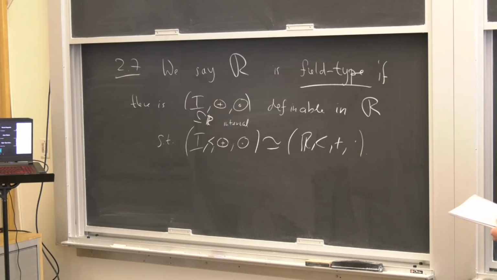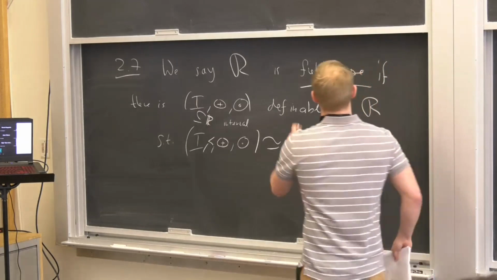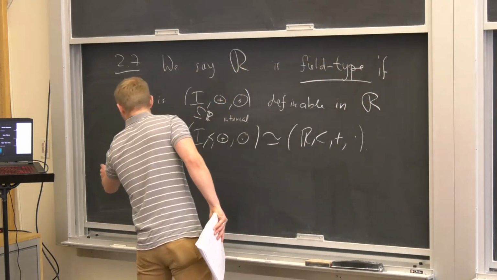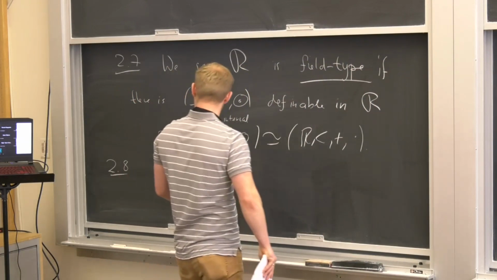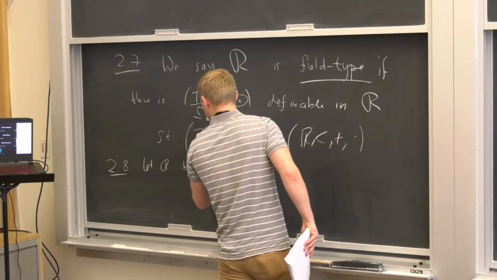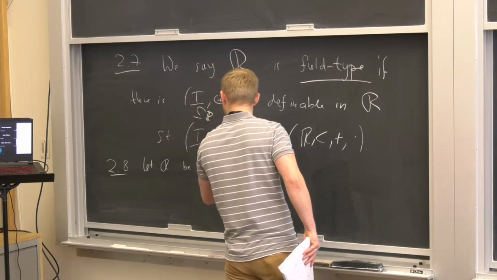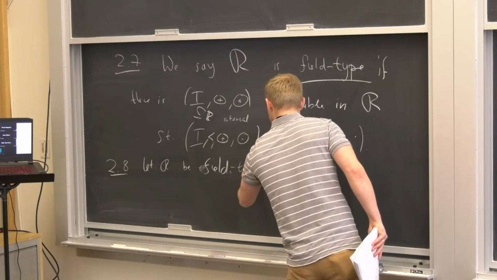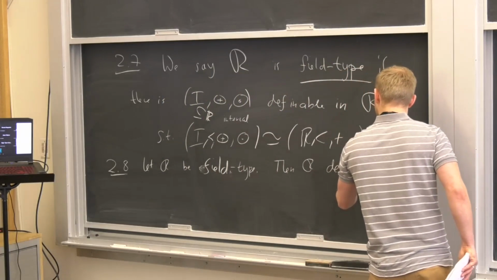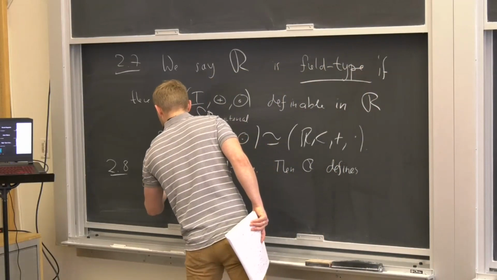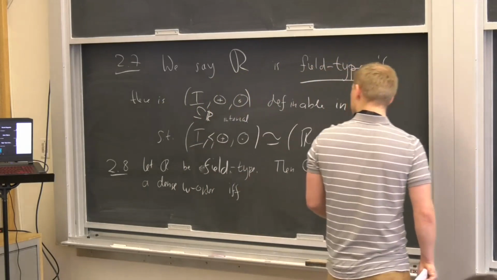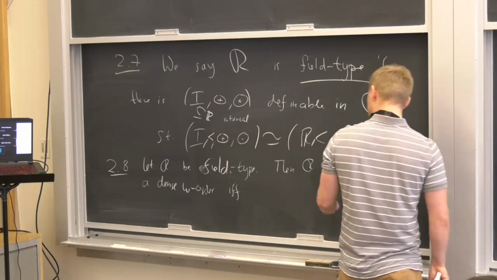Okay, and now the result I want to state in this setting is not the most general, but it is really what we know here: let R be of field type, then R defines a dense omega order if and only if it defines every compact set.